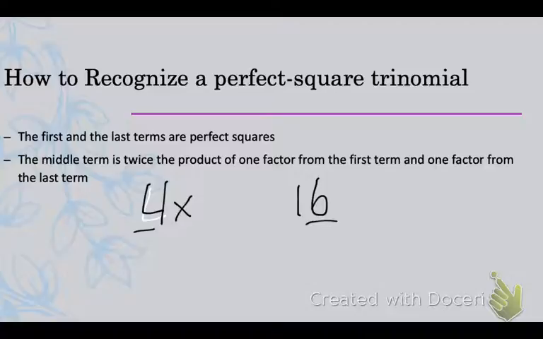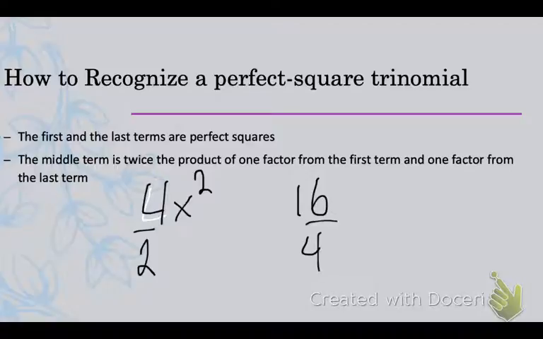The middle term needs to be twice the product of one factor from the first term and one factor from the last term. What that means is twice the product of the square root of each term. For the factor of 4, the square root is 2, and the square root of 16 is 4.